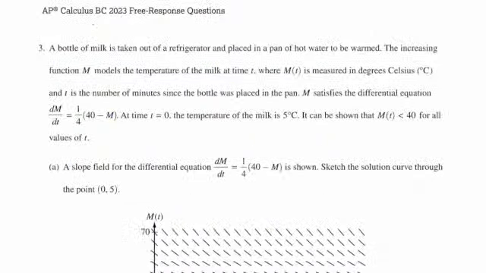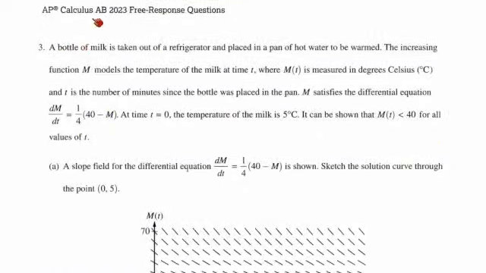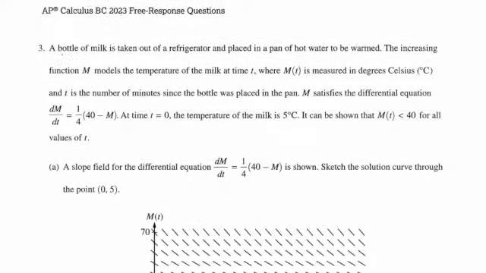Problem 3 of AP Calculus BC 2023 is the same as problem 3 of AP Calculus AB 2023. So let's solve one of them. Problem 3 says a bottle of milk is taken out of a refrigerator and placed in a pan of hot water to be warmed. The increasing function M models the temperature of the milk at time t, where M of t is measured in degrees Celsius. t is the number of minutes since the bottle was placed in the pan.